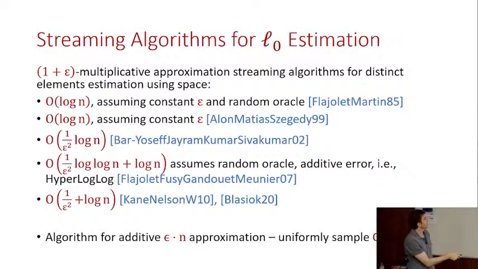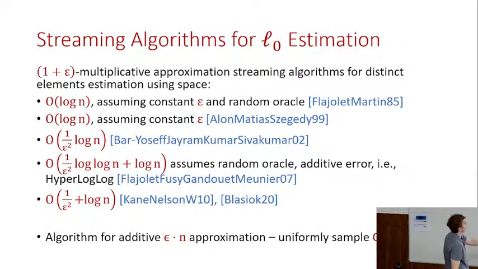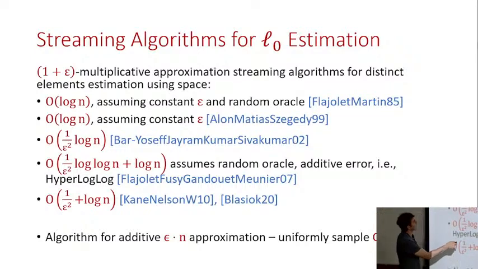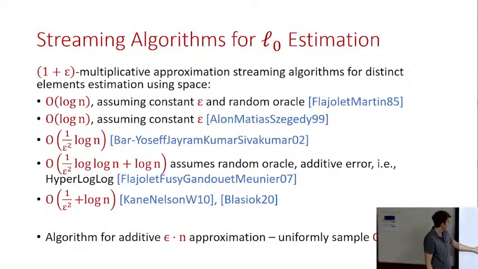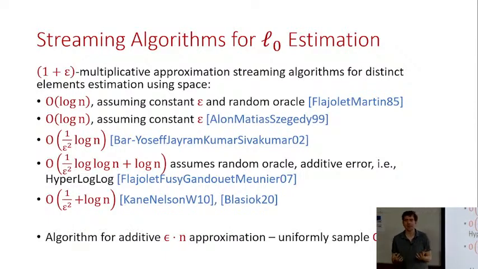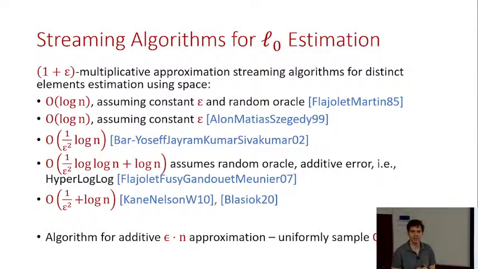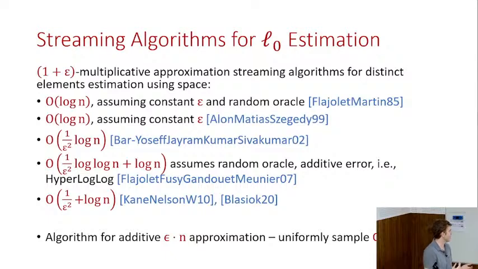So Flajolet-Martin gives an algorithm with order log n bits, assuming constant epsilon and a random oracle model. And this was successively improved in a number of works. And the optimal bound is known. It's 1 over epsilon squared plus log n bits. Okay, so this is both an upper and a lower bound for estimating the number of distinct elements up to a 1 plus epsilon multiplicative factor.